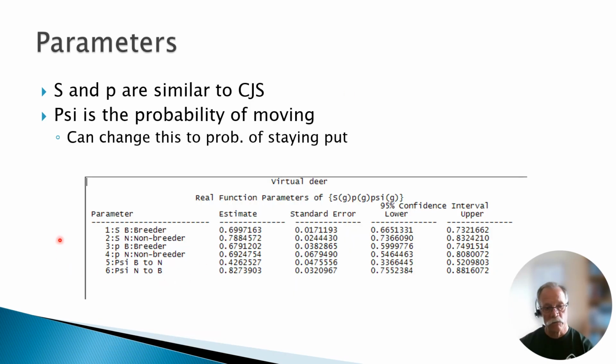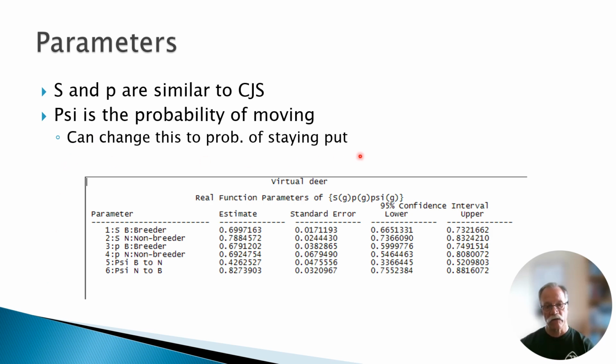And so, as we talked about, the interpretation of the parameters for S and P are similar to the CJS, where you have S for breeders, non-breeders, P for breeders and non-breeders. Psi, as we talked about, is probability of moving from one state to another.